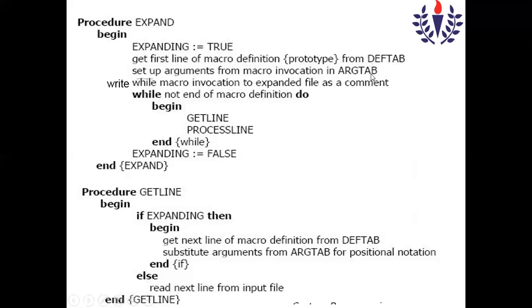Now we want to put the macro definition in place of the macro call, so we will read the definition line by line. We will set up the arguments for the macro call in arg tab. This is the macro call and these are the arguments that will be used to call the macro, and those arguments will be entered in the argument table.